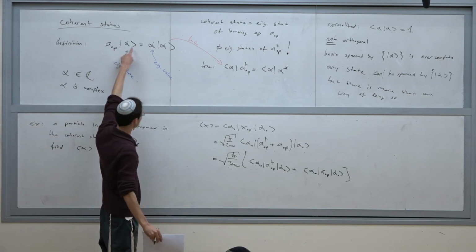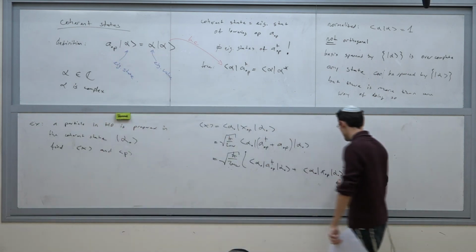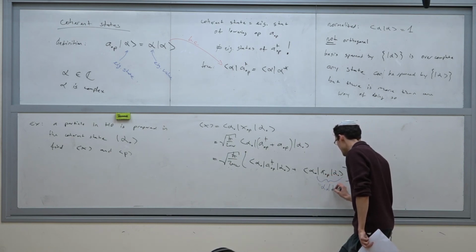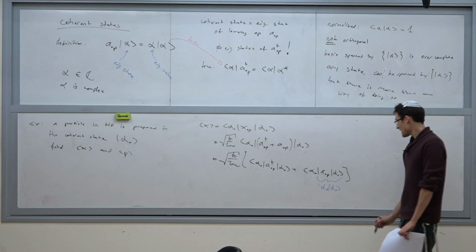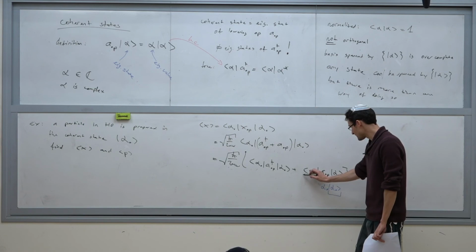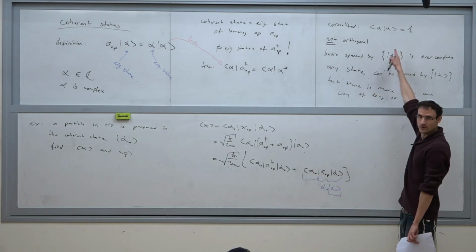When a acts on alpha, I get alpha times alpha. So when a acts on alpha 0, I get alpha 0 times alpha 0. And now when this alpha 0 is closed with this alpha 0, I get 1, because they're normalized.